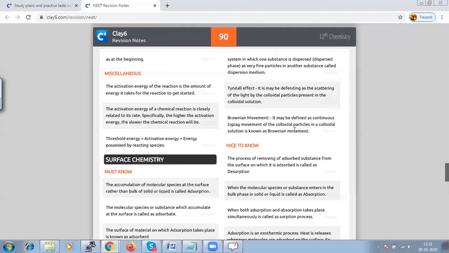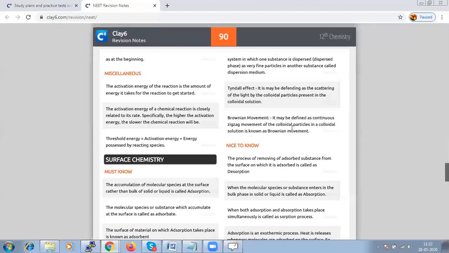Smaller the size of the particle, lesser will be its viscosity, hence faster will be its motion. This movement is responsible for the stability of the sol.